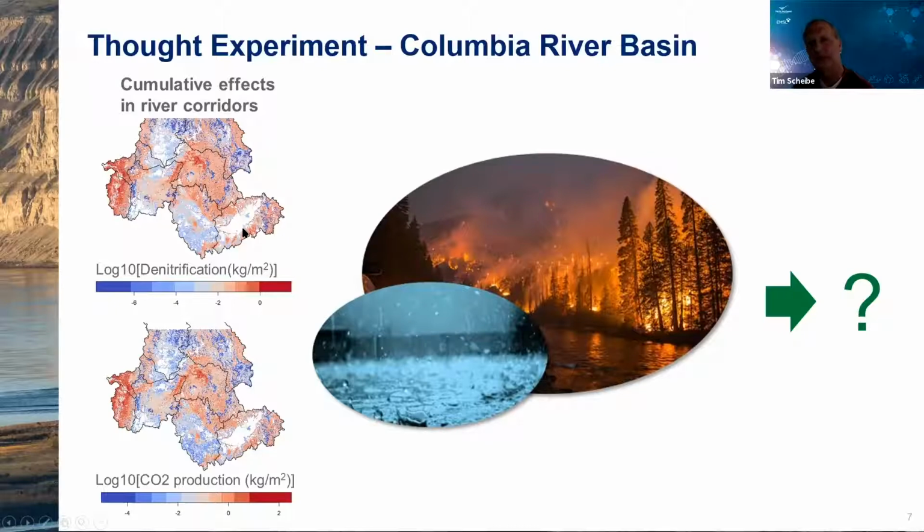Another impact of wildfires is hydrologic impacts. Wildfires change the soil structure, and they change the amount of runoff relative to infiltration. They also change the amount of transpiration because they remove a lot of the vegetation that would otherwise transpire water into the atmosphere.